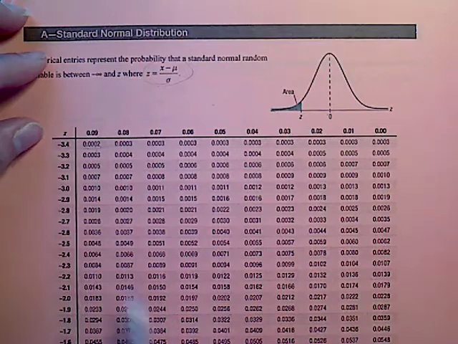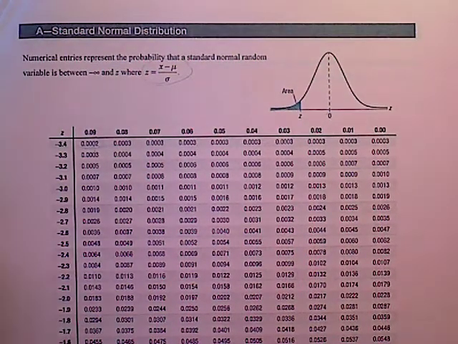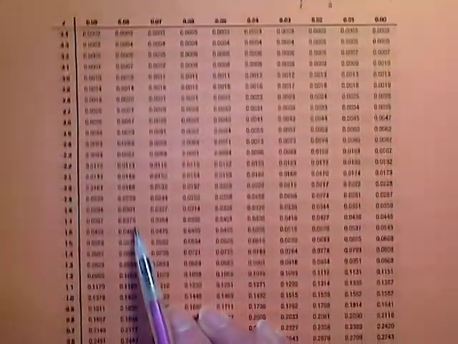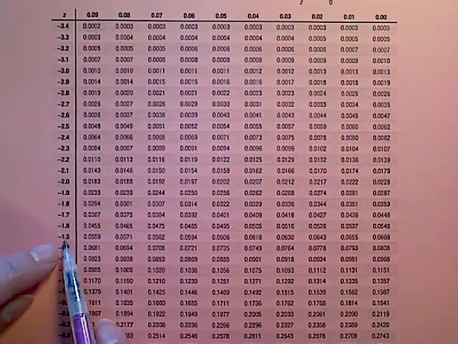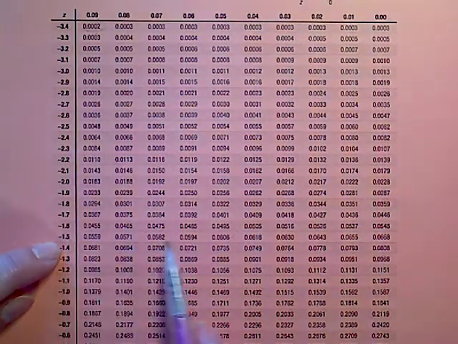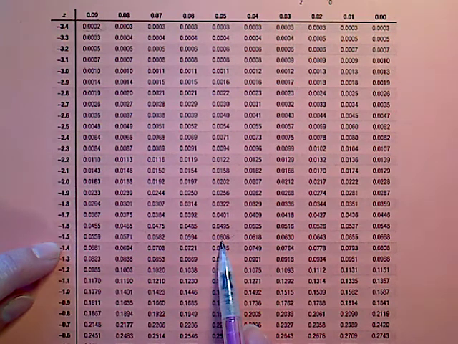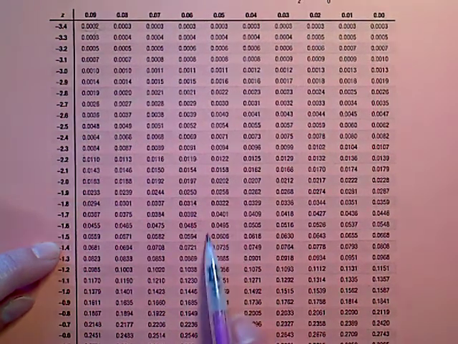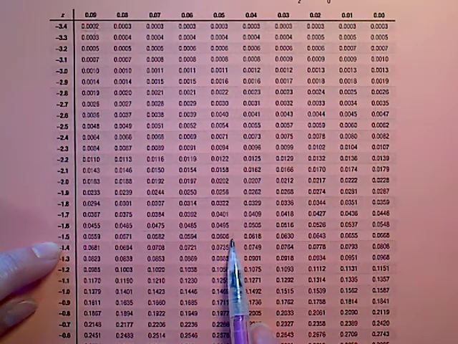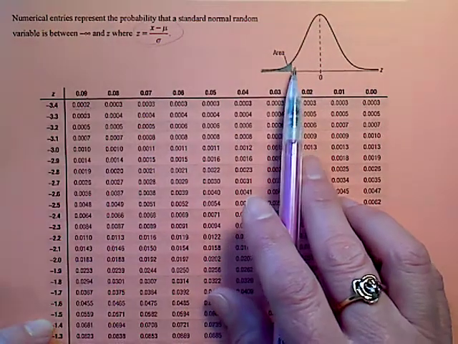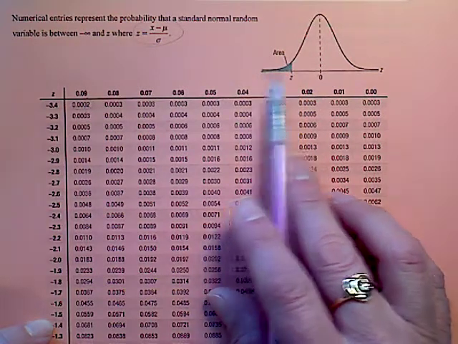Okay. Let's go look up like negative 1.55, just to use the table. So here's negative 1.55 is 0.0606. Did you find it? 0.0606 is the area to the left of negative 1.55.